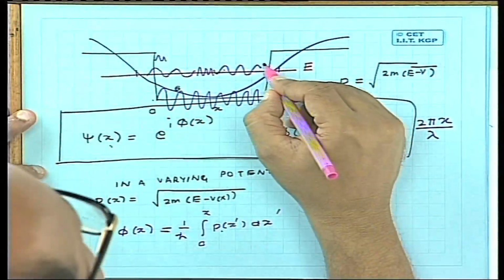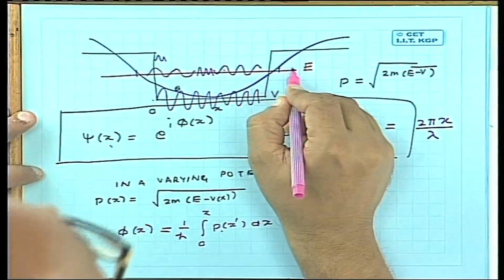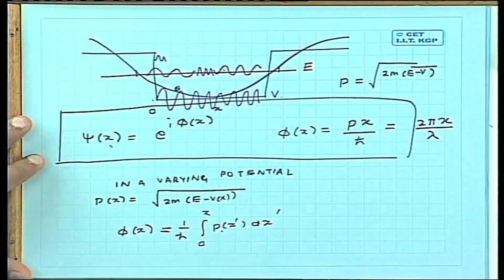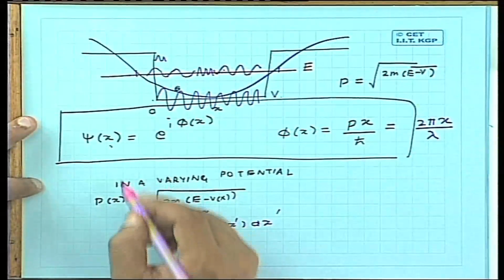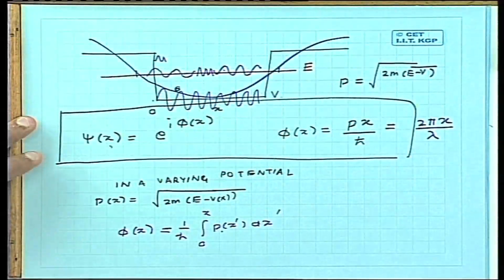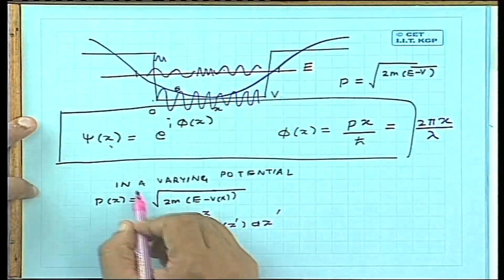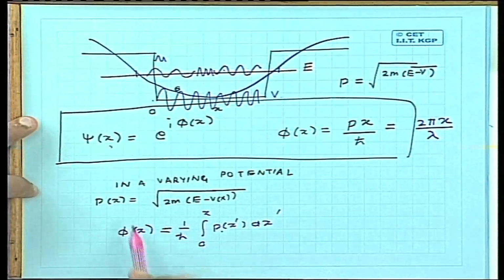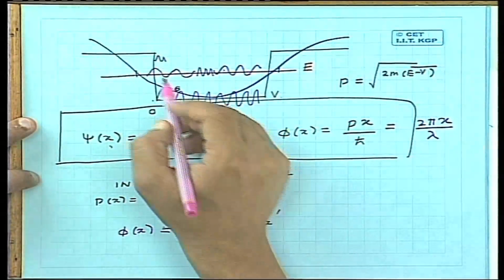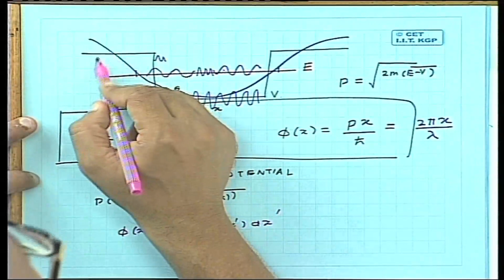Now the phase change goes to 0 as we approach the classical turning points, because the momentum becomes 0. So this picture breaks down as we approach the classical turning point, because there is no change in phase. If I use this picture to calculate the phase, there is no change in phase as I approach the classical turning point. The wavelength becomes infinite.